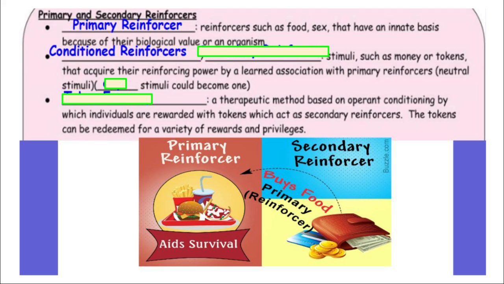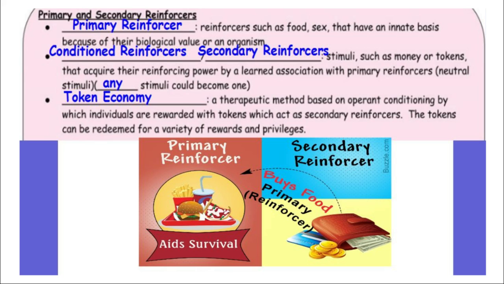Whereas more often we're going to see things that are on the line of the secondary or the conditioned reinforcers. This is stimuli such as money or tokens that acquire their reinforcing power by a learned association with the primary reinforcers or the neutral stimuli. Any stimuli can become a secondary reinforcer.